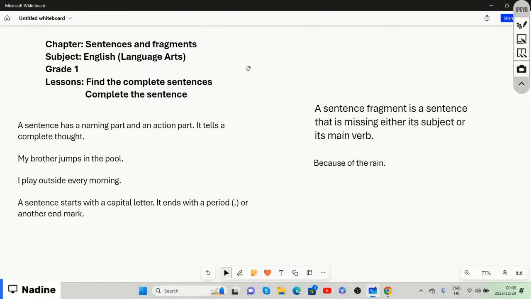All right, so now we're going on to what a sentence is, right? Because remember, our chapter is sentences and fragments.